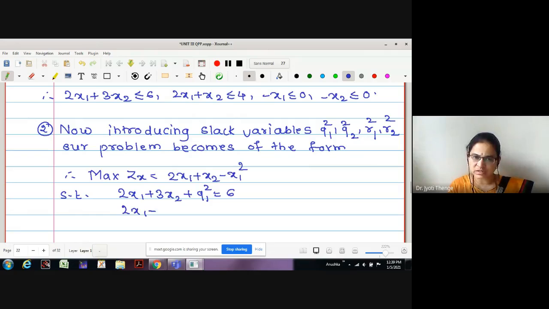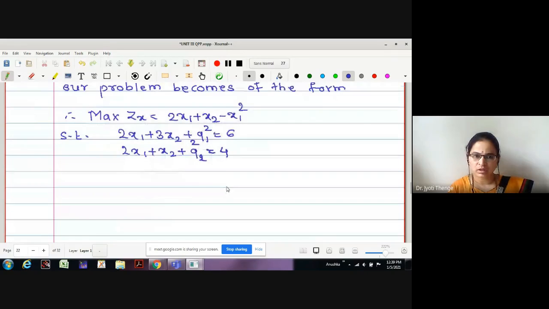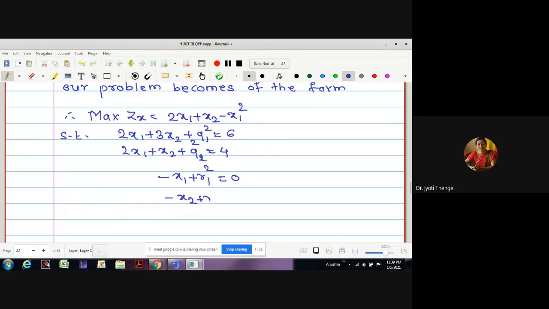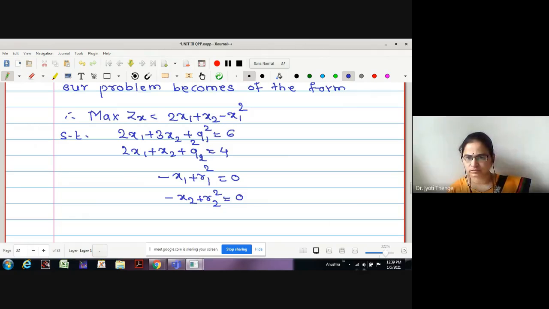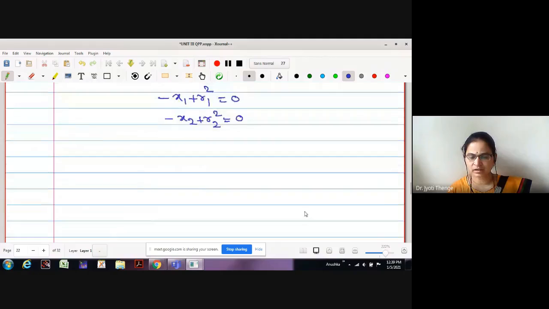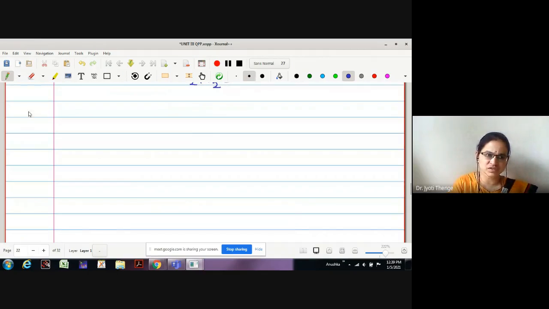Second, 2x1 plus x2 plus q2 square equal to 4. Third, minus x1 plus r1 square equal to 0. Fourth, minus x2 plus r2 square is equal to 0. Right?